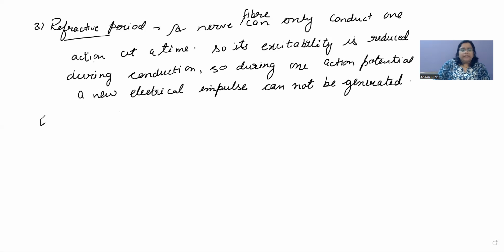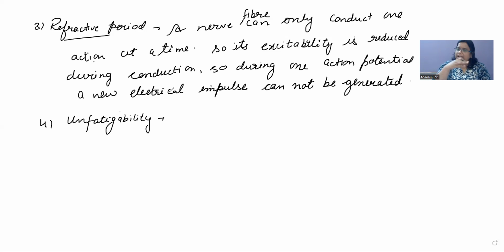Now, the fourth one, that is unfatigability. Fatigue means tiredness. So, the nerve fiber or the neuron is unfatigued in nature.